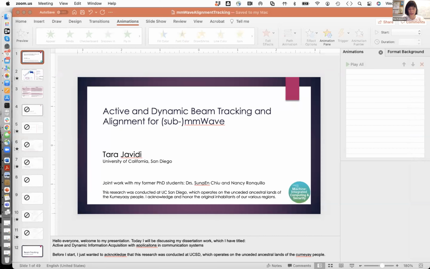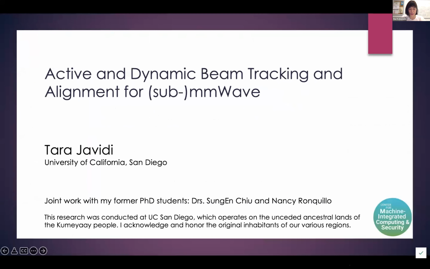Tara is a professor at UC San Diego and the founding co-director of the Center of Machine Integrated Computing and Security. She's an expert in so many things, ranging from active learning, information theory with feedback, stochastic control, to statistical inference, and so on and so forth.